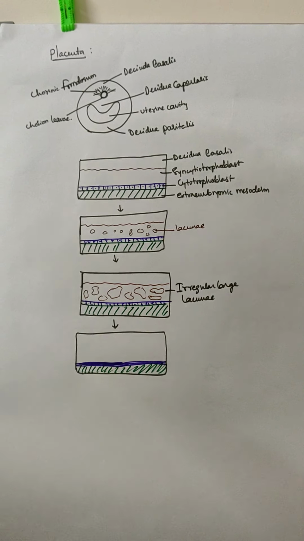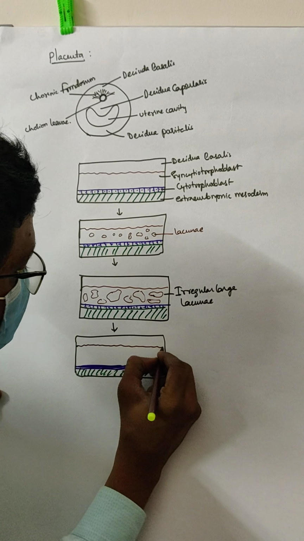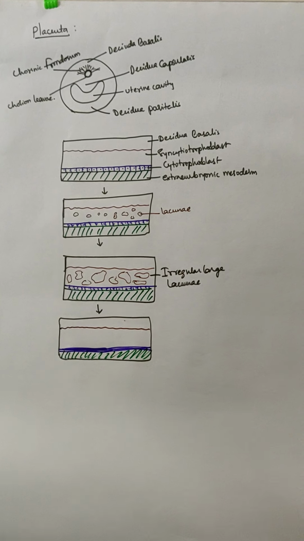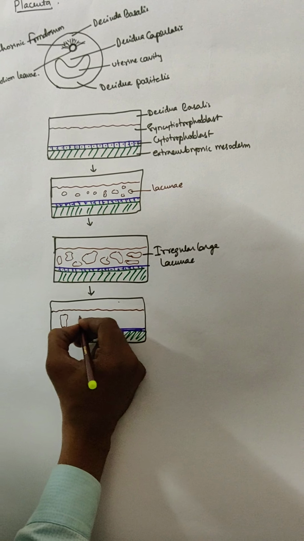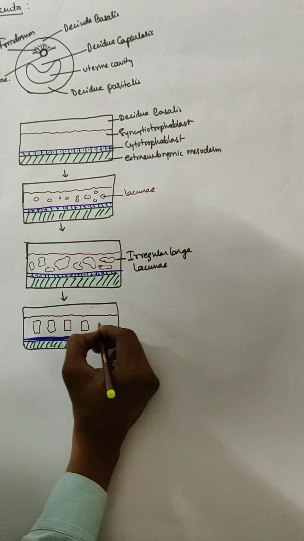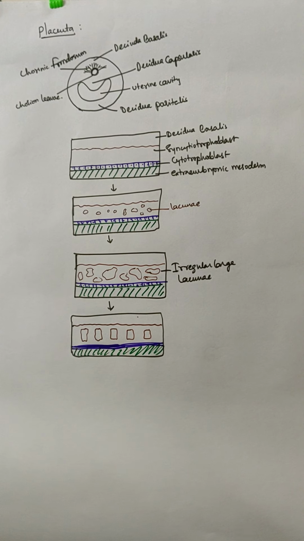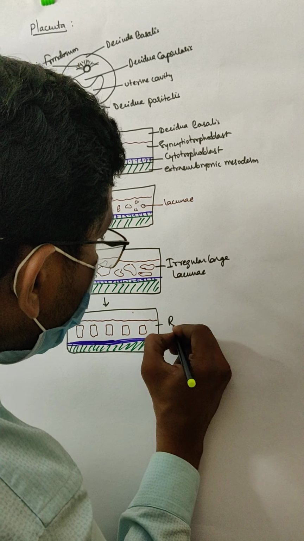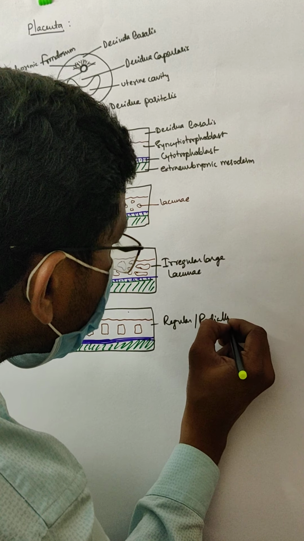Now to complete this syncytiotrophoblast layer which is just below the decidua, all these lacunae, which initially were irregular, will become regularly arranged, so that they will be radially arranged around the developing blastocyst. So these were irregular initially, now they became regular and radially arranged.